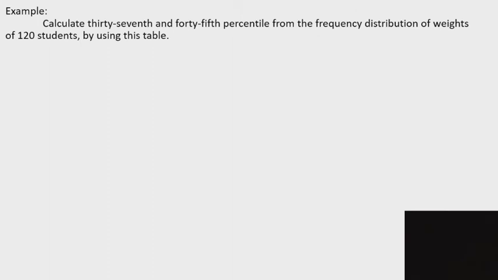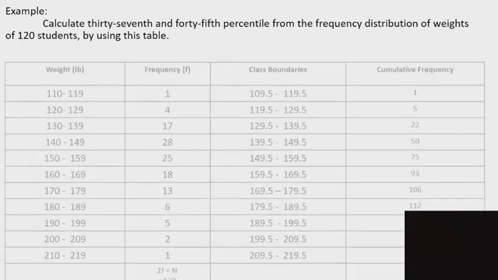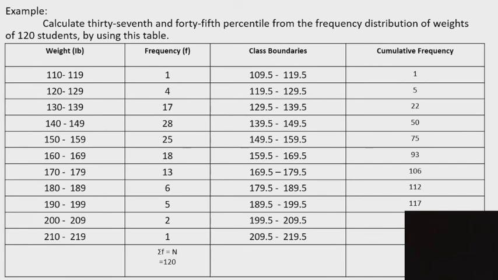Meron tayong halimbawa. Calculate the 37th and 45th percentile from the frequency distribution of weights of 120 students using this table. Dahil grouped data ito, lahat ay given na, so ang gagawin na lang natin ay magsolve.